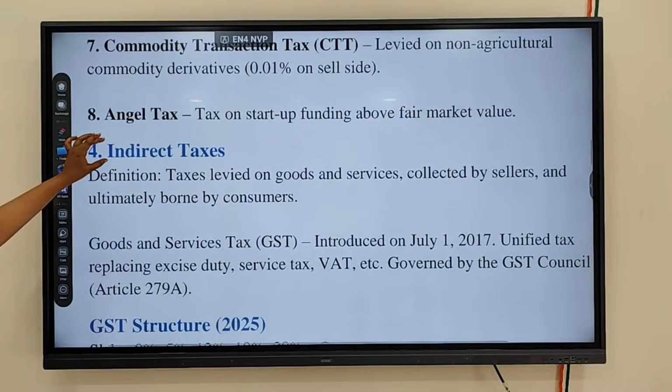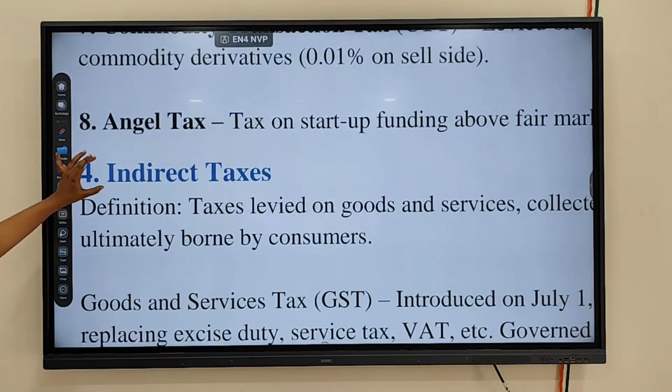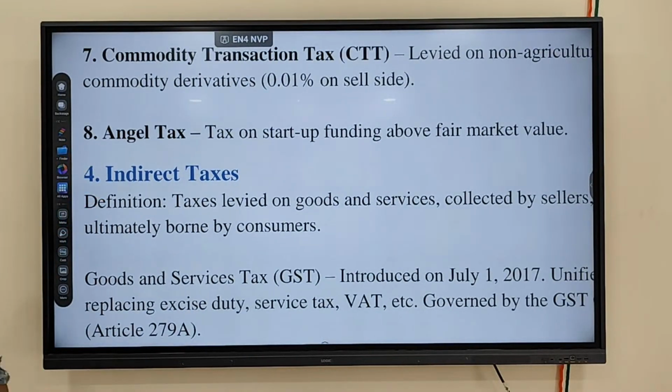Next comes the angel tax. What is that angel tax? See, if an entrepreneur wants to establish a startup company, he needs funds.